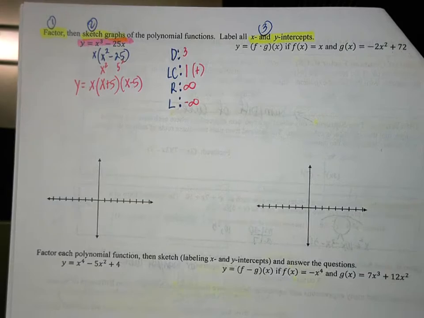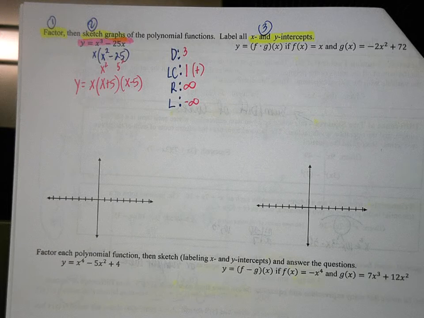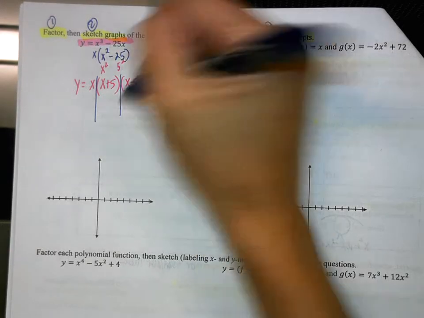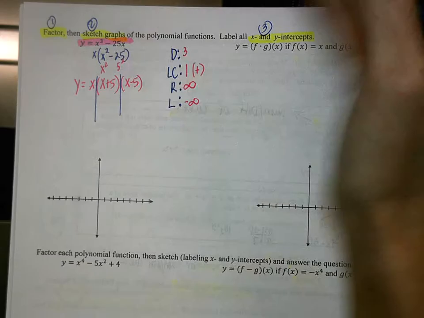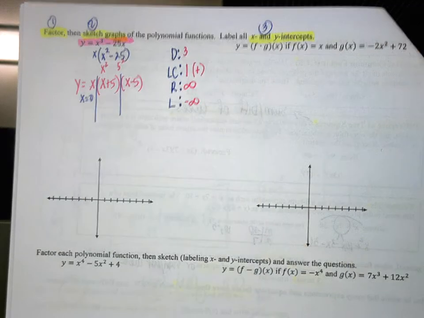Okay, now with that information, it's going to help us with graphing, but we need to have each of our x-intercepts. How do we find our x-intercepts? Yeah, we set each of these factors equal to 0. Okay, so this first one, x equals 0.